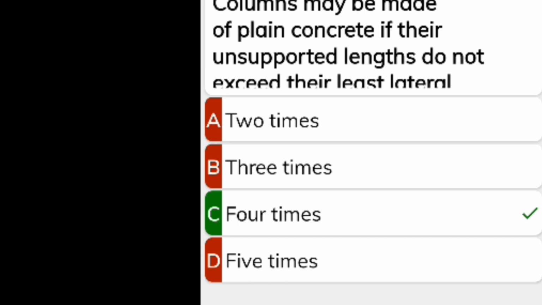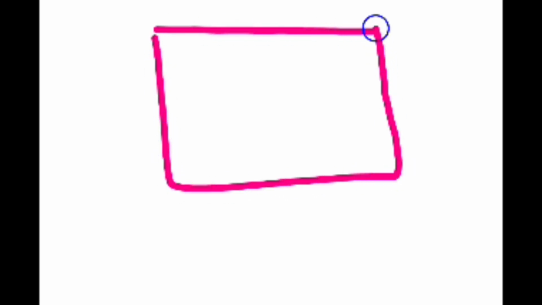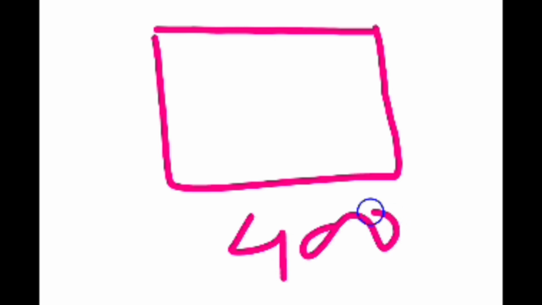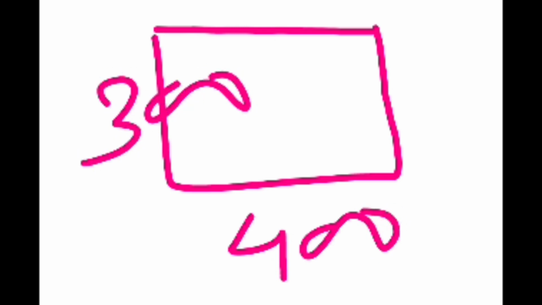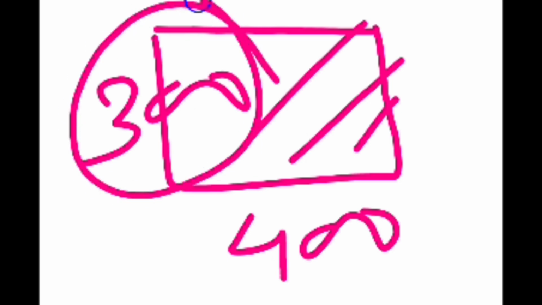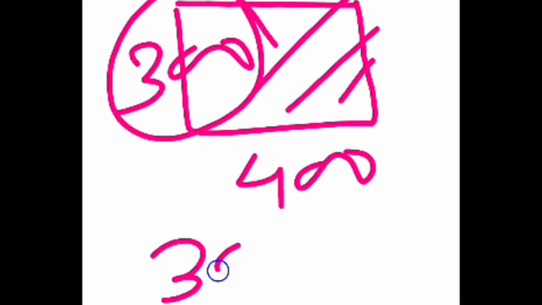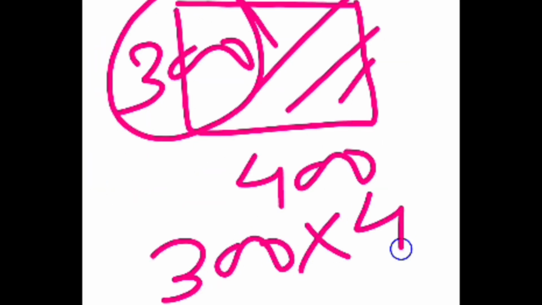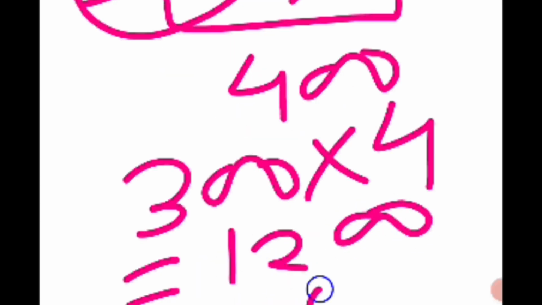To clear the picture, I am giving some explanation. Suppose there is a given section here. Suppose this is 400 and this is 300. This is the column cross section. So this lateral dimension is 300. So 300 multiplied by 4 is 1200 mm.